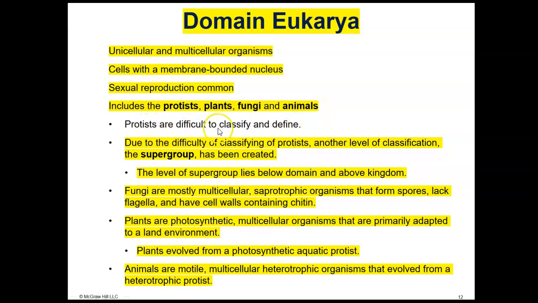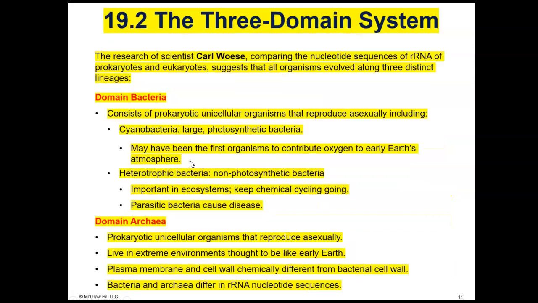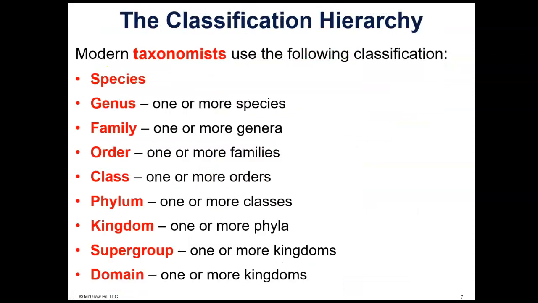The protists are difficult to classify and define, so we always refer to them within their supergroups. So if you go back to the classifications, remember you have domain, which can be archaea, bacteria, or eukarya, and then you have supergroup, and then kingdom.